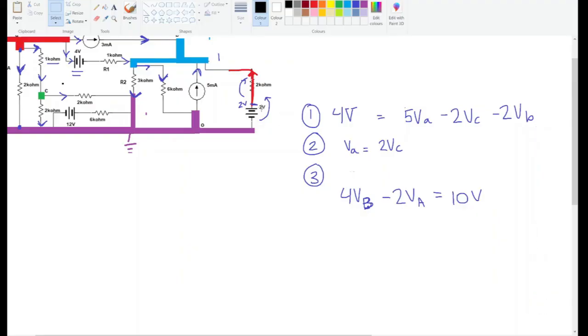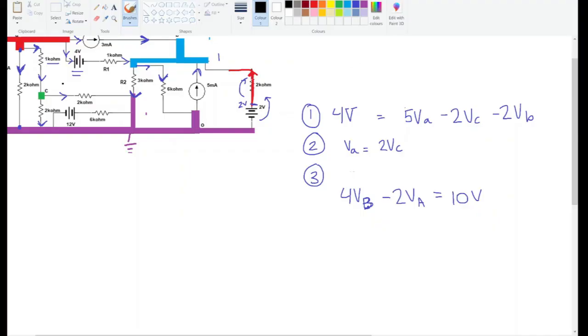We have 3 equations, and we have 3 unknowns, VA, VC, VB. All equations have 3 unknowns or less, and they're all the same unknowns. If you've got 3 unknowns and 3 equations, then you're good to go. That means the system of equations can be solved.